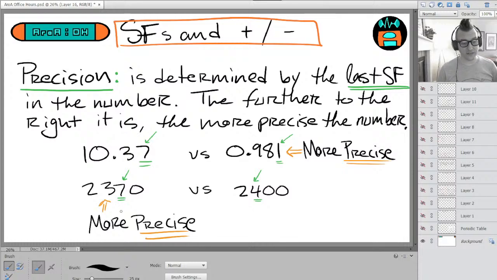It has its last significant digit in the tens place, whereas 2,400 has its last significant digit in the hundreds place.